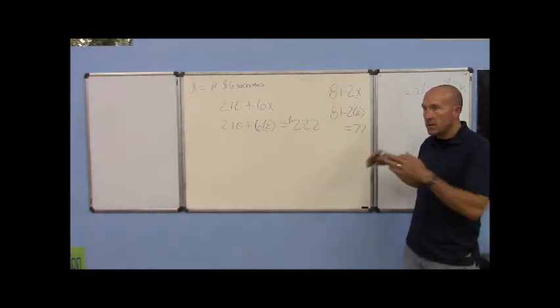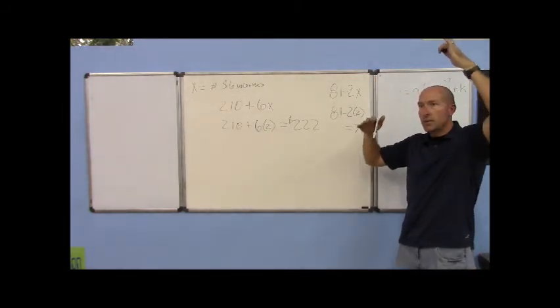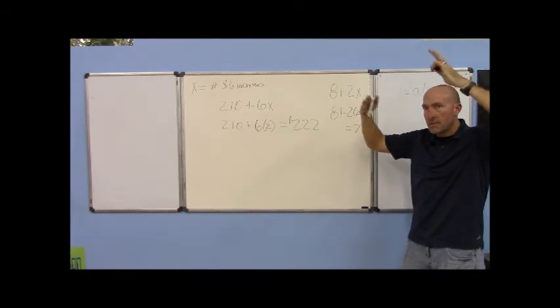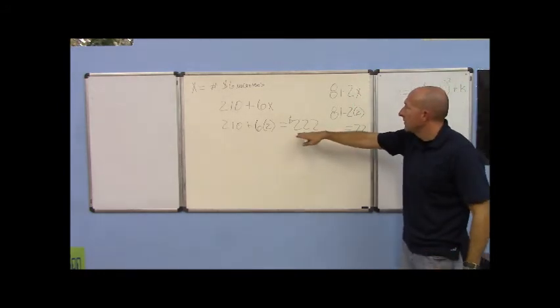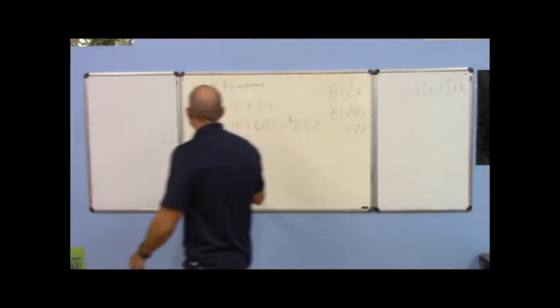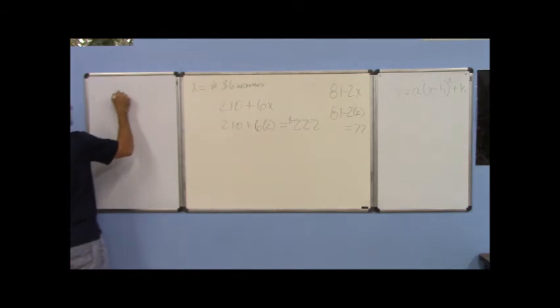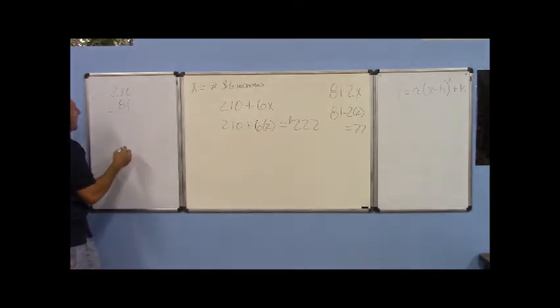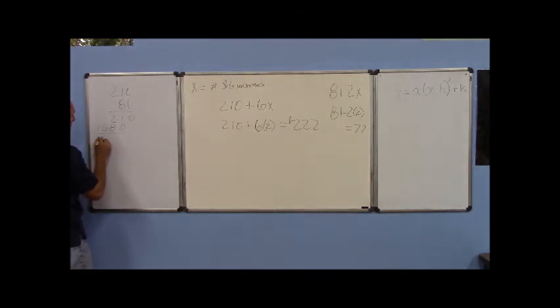We know that after the increase and the possibility of losses, at $222 we will have 77 passengers. Well, let's figure this out. If we had $210 for 81 people, that gives us $17,010.